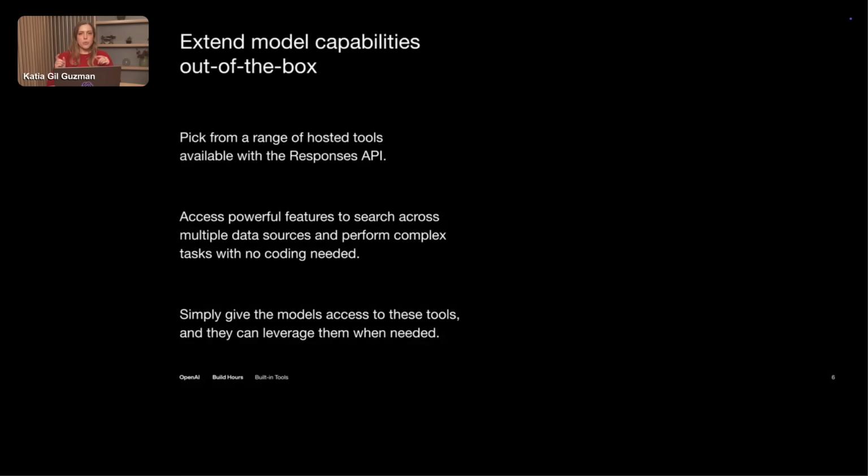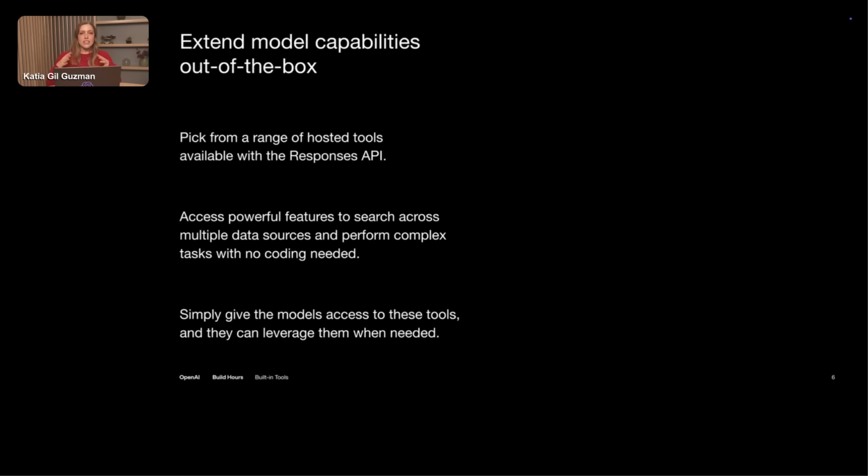And the built-in part means that you don't have to code anything, you don't have to do anything on your side, you can just use it. So you can pick from a range of hosted tools. We'll see which ones in a second.